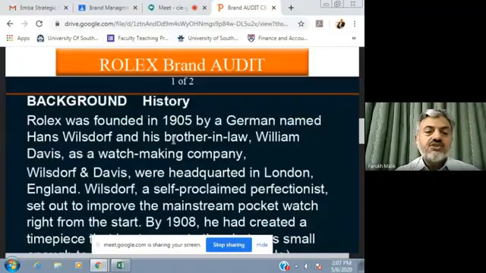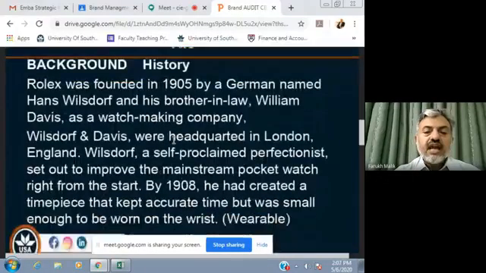Background history: Rolex was founded in 1905 by a German named Hans Wilsdorf and his brother-in-law William Davis as a watchmaking company, and Wilsdorf and Davis were headquartered in London, England. Wilsdorf was a self-proclaimed perfectionist.